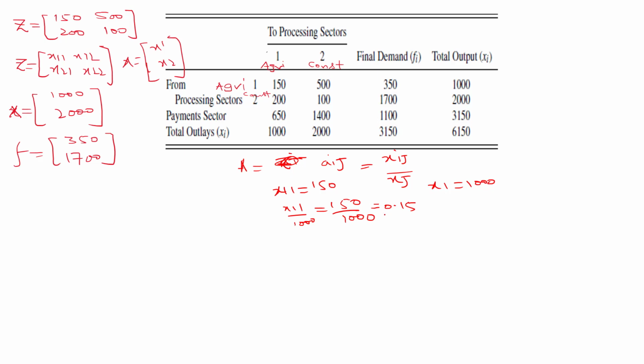So basically this is the per unit of output. In order to produce 1 unit, this will be the worth of that 1 unit. This is also called per unit worth of output. If the agriculture industry produces 1 product, the per unit worth of output is 0.15.